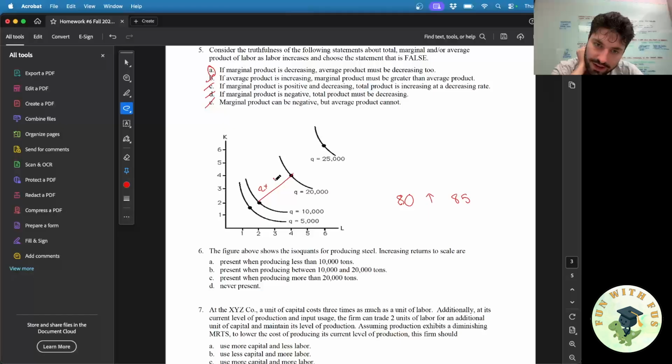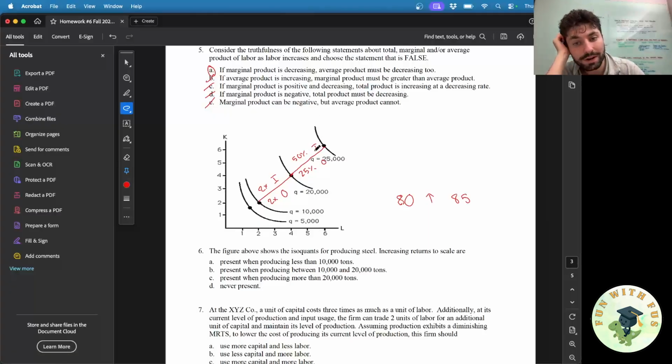So I 2x'd my inputs, and then from 10,000 to 20,000, I 2x'd my outputs. And that would be constant returns to scale, if you're following along with what returns to scale means. On this jump, I did a 50% increase to my inputs, going from 4 to 6, and then I only got a 25% bump in my outputs.